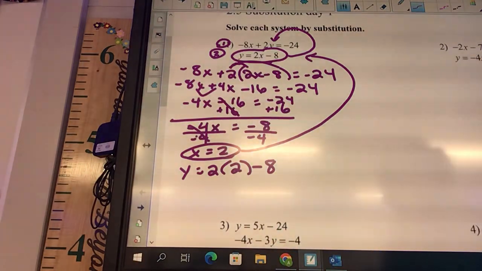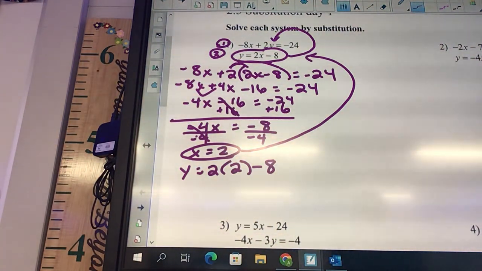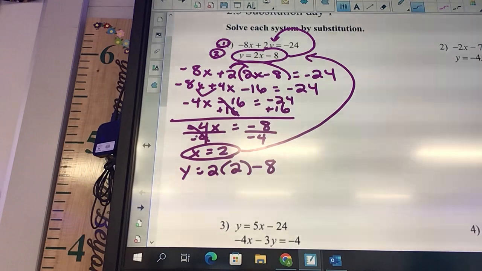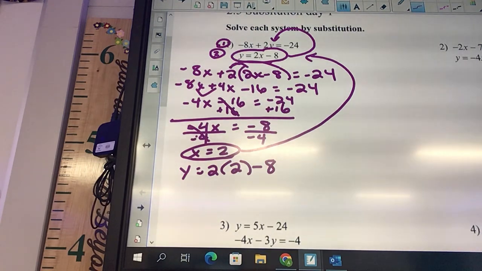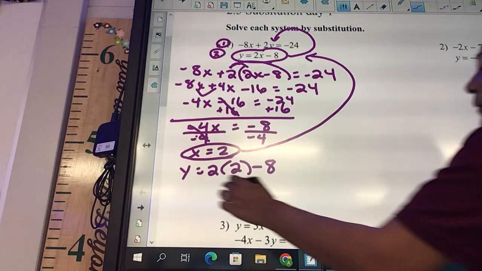On your calculators, you can type in 2, parenthesis, 2, close the parenthesis, minus 8. On my calculators, not on your phone calculator. That gives negative 4.